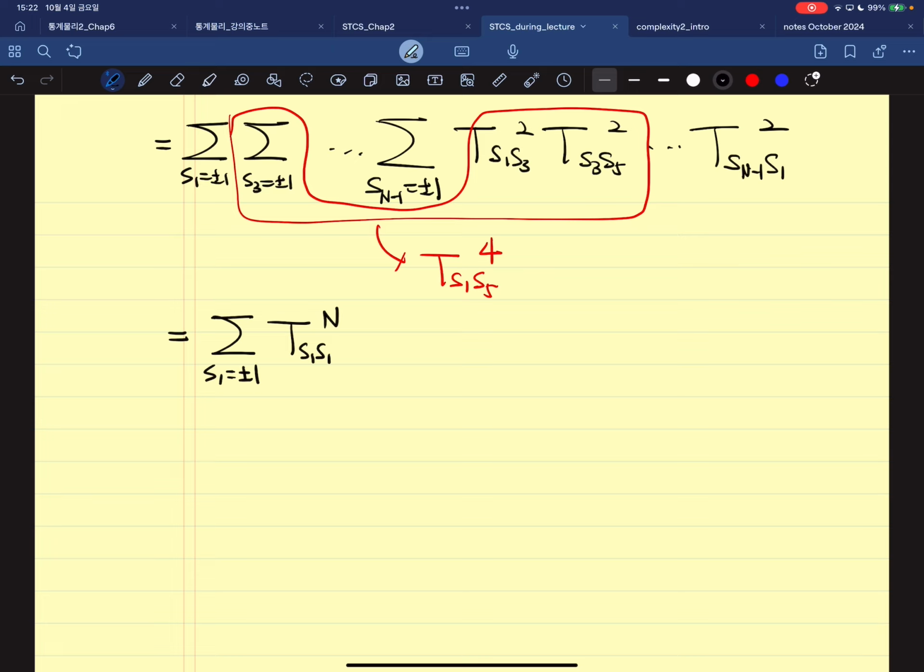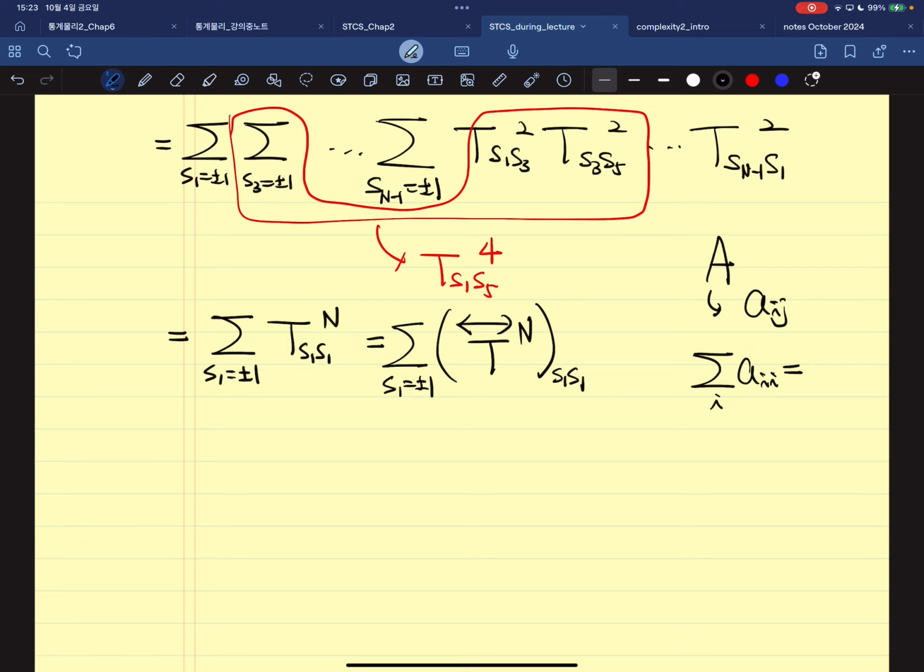Then what is this? So this is the sum of all the diagonal elements of this matrix. Suppose you have a matrix with the elements ij, then this corresponds to, for example, if A has this matrix form A11, A12, and so on.